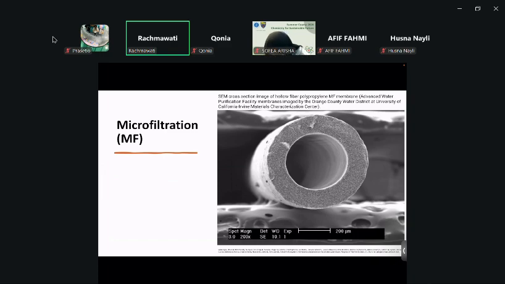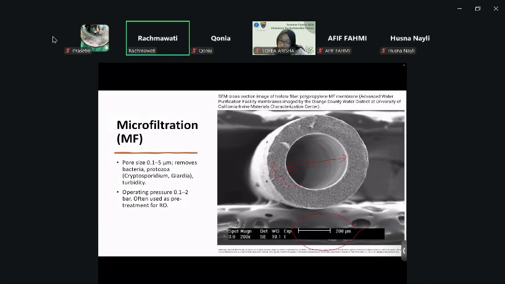You can see this is the scale, around 200 micrometers, so maybe the diameter is also around 300 micrometers. The pore size is around 0.1 to 5 micrometers, and it can remove bacteria, protozoa, and also some turbidity due to the total dissolved substances in the water. The operating pressure is around 0.1 to 2 bars.